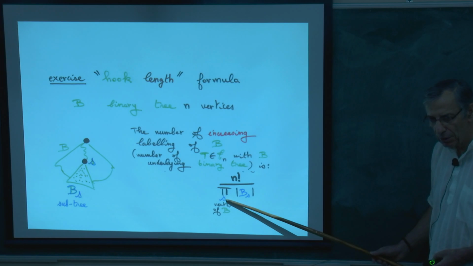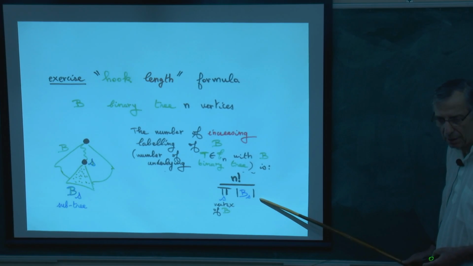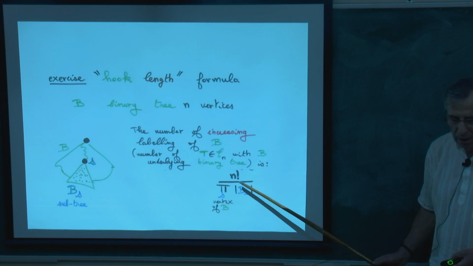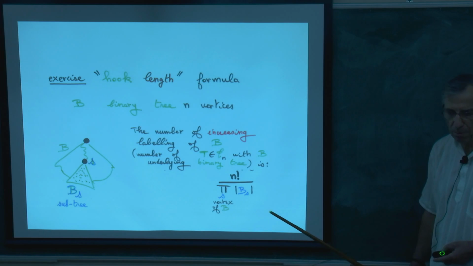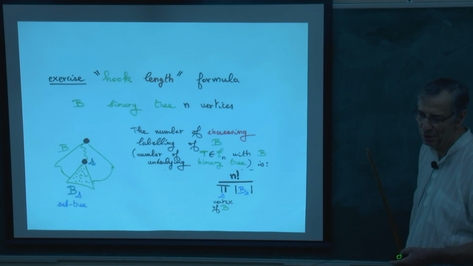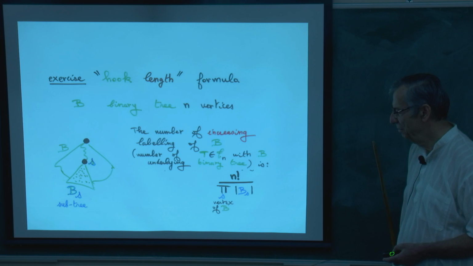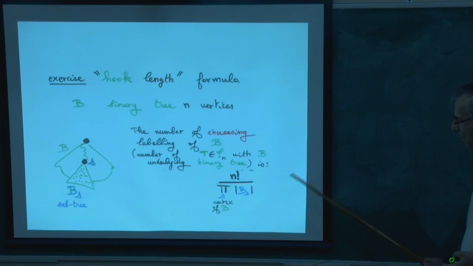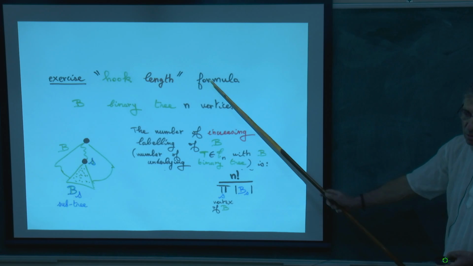You take the product of all these sizes of all the subtrees, and divide n factorial by this product. And I claim the ratio is exactly the number of ways. It's not too difficult to prove this nice formula, which belongs to the so-called hook length formulas.